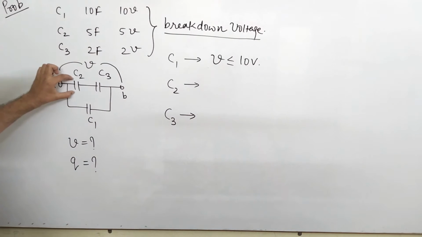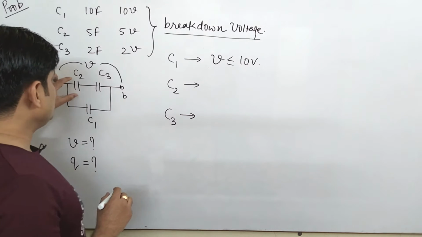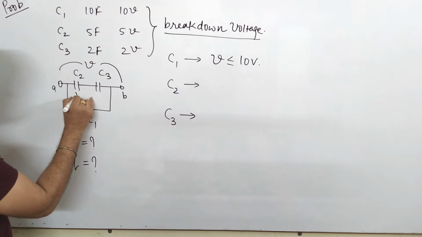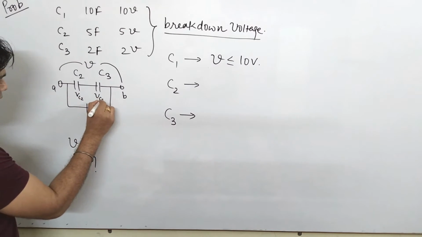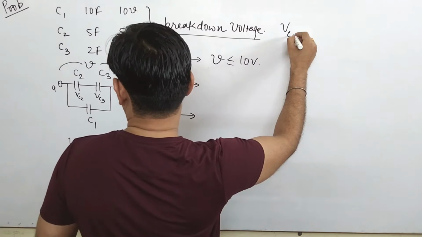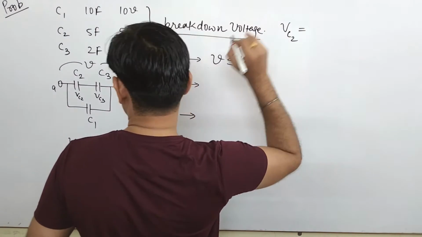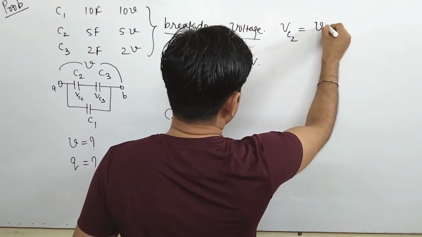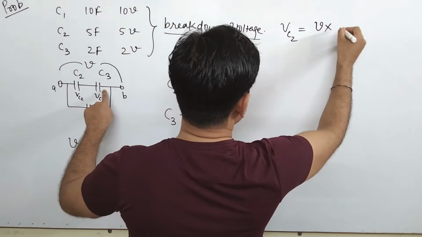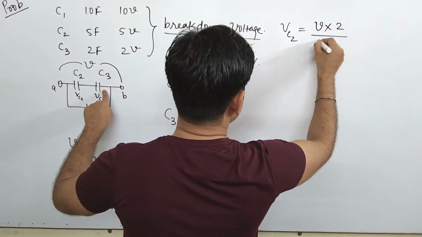Now, if we talk about C2, what is the voltage across C2? Please see. Just by applying the voltage division rule, can you find, let this voltage be VC2 and let this voltage be VC3. So the value of VC2 is equal to this entire voltage V into the value of capacitor C3, it is 2 upon 5 plus 2.